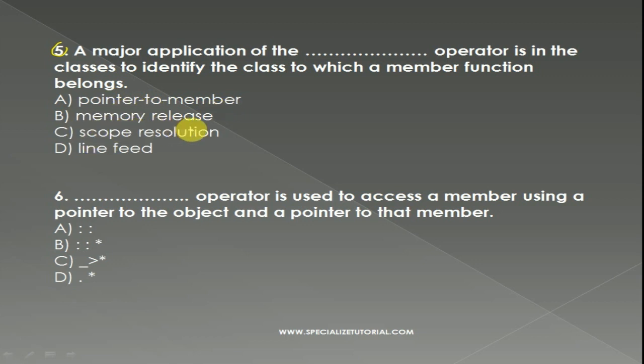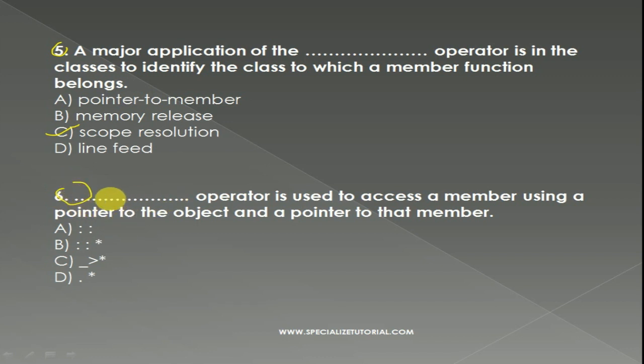Pointer to member, memory release, scope resolution, obviously scope resolution. A major application of the scope resolution operator is in the class to identify the class to which a member function belongs.